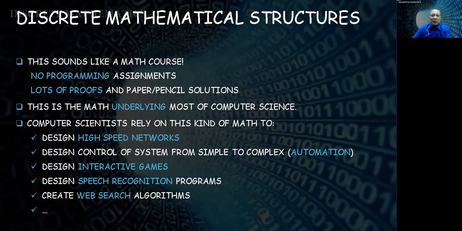But actually, in here we are not doing any programming, at least not a lot. But we will do a lot of proofs, using pencil and paper, or using some programs. Later, I will advise us to do some programming simulation just to see how the theory is applied. So this is the math underlying most of computer science.